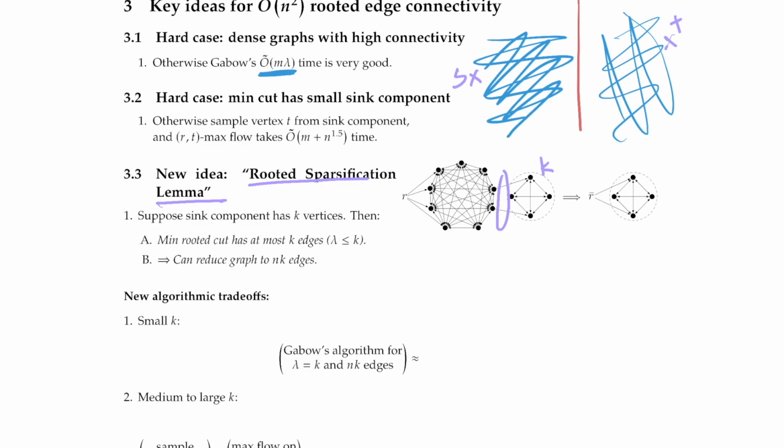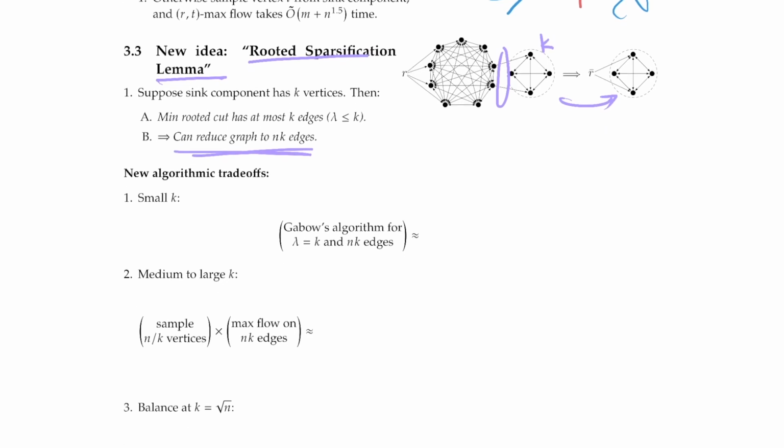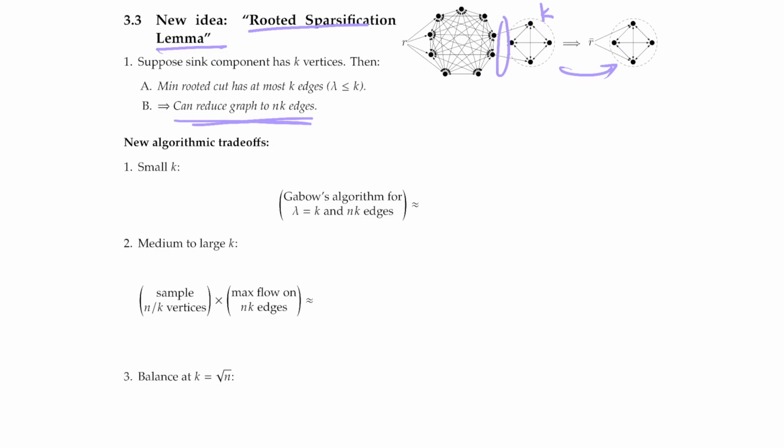Okay. And then you can use that to reduce the graph to a much smaller one that has at most nk edges. And so that gives us a lot of new and useful algorithmic trade-offs.